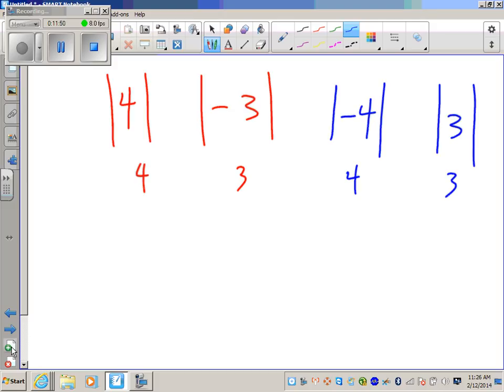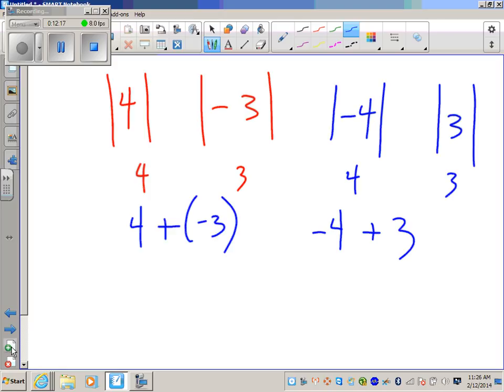What are you going to get? A negative 1. It has a greater absolute value. And we can show that in different ways. 4 plus a negative 3, negative 4 plus 3. Either way, essentially we're adding the same two integers.